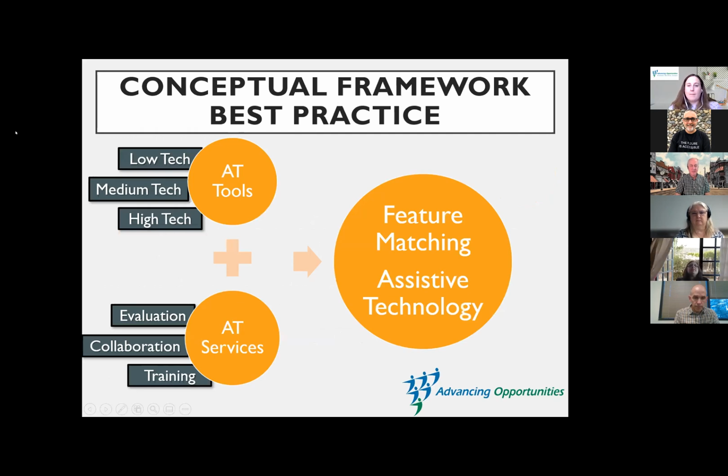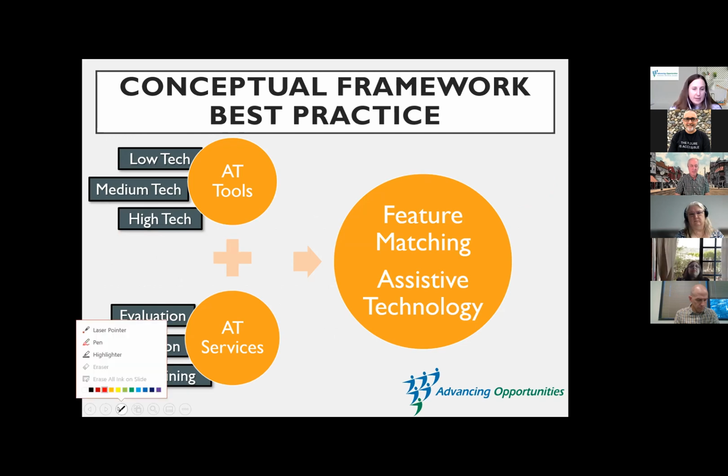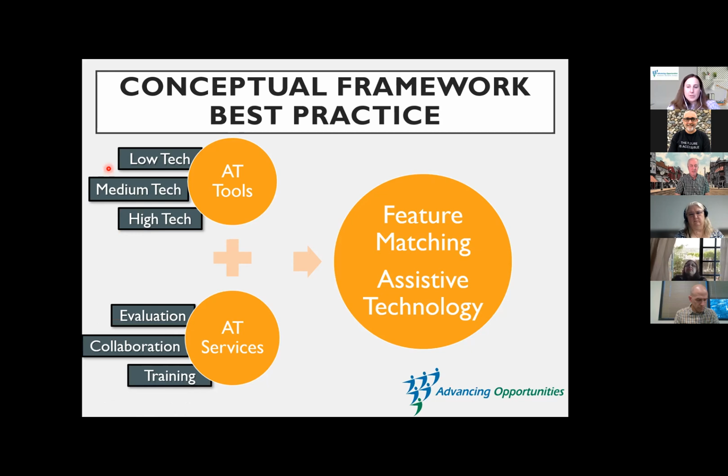Now, the Conceptual Framework for best practice. This helps us find the right tool to help a person. We look at low, medium, and high tech. Maybe somebody is best helped with something high tech, like an iPad, but maybe somebody just needs low tech.